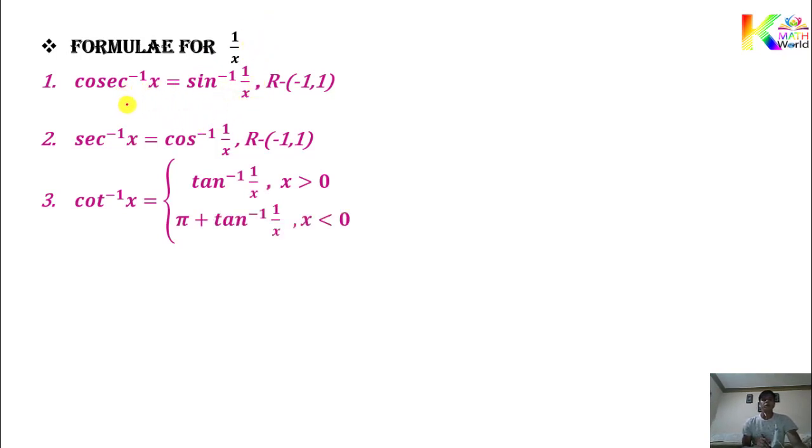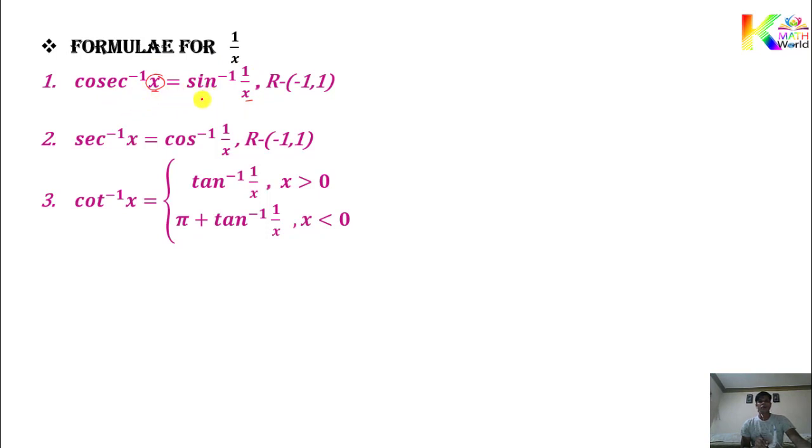Easy to remember: cosec inverse x is equal to sine inverse 1 upon x. It is almost like a reciprocal function, sine theta is 1 over cosec theta, but here the angle goes in reciprocal. So for inverse functions only the angle goes in reciprocal. So cosec inverse x is sine inverse 1 over x.